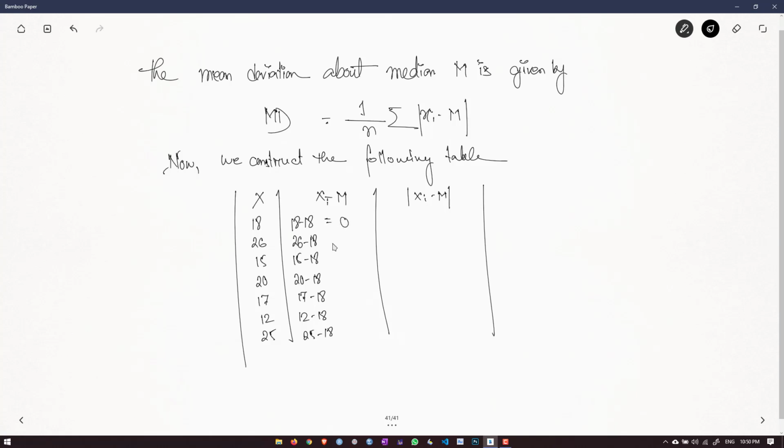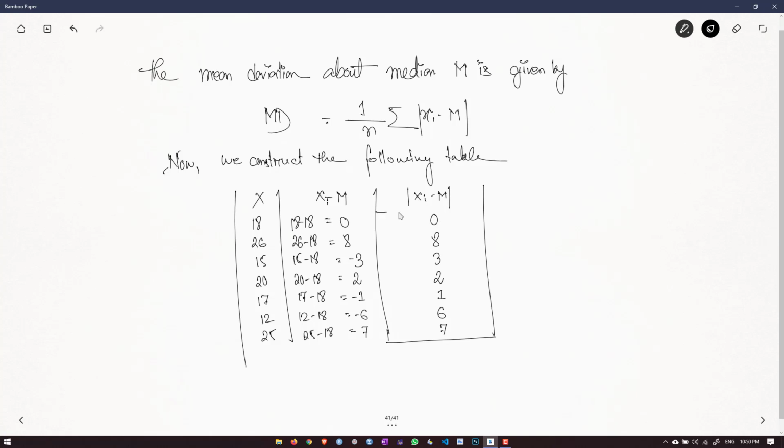So this will be 0, this will be 8, this will be minus 3, this will be 2, this will be minus 1, this will be minus 6 and this will be 7, right? Now if you ignore the signs, 0 will be 0, 8 will be 8, minus 3 will be 3, 2 will be 2, minus 1 will be 1, minus 6 will be 6 and last one will be 7.